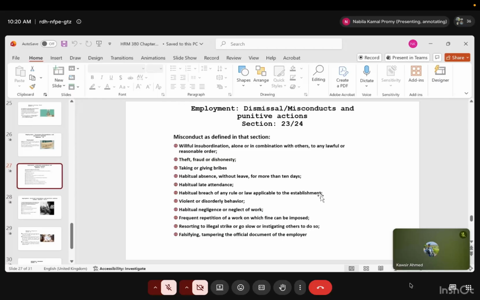So in slide number 27, we have listed certain misconduct or behavior or activity by an employee that can lead the company to dismiss the employee. For instance, let's say the employee is involved in insubordination. I think, if you remember, this insubordination was taught to you in 301.